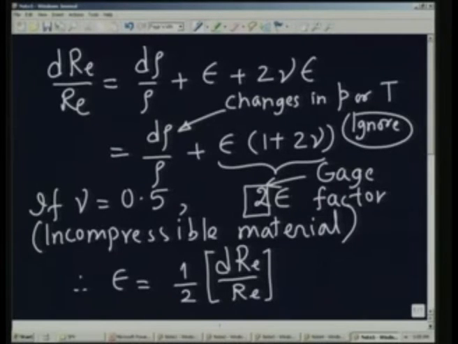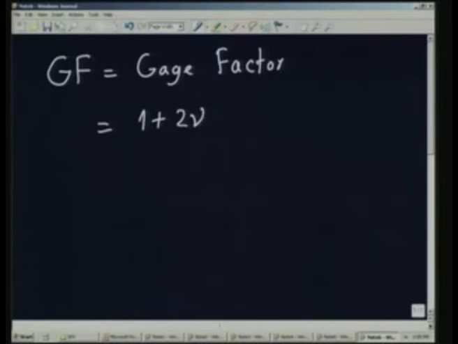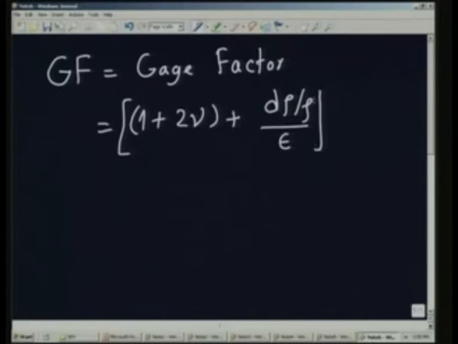In fact, we can define the gauge factor in more complete terms. This is called the gauge factor. It is given by 1 plus 2 nu plus d rho by rho divided by epsilon, which is nothing but dRe by Re epsilon.